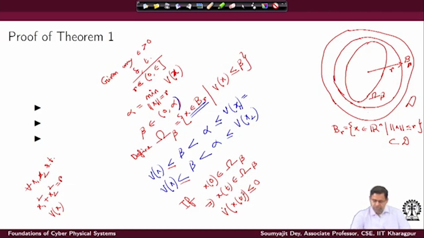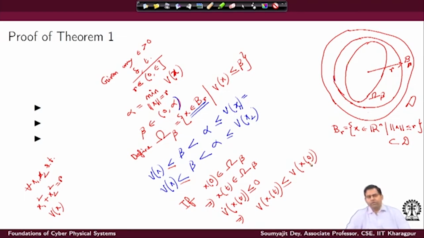That means the system can be anywhere, but when I evaluate V on the system's trajectory at some future point, it must be less than or equal to the value of V at the system's location at t equal to 0, because with time V is decreasing.